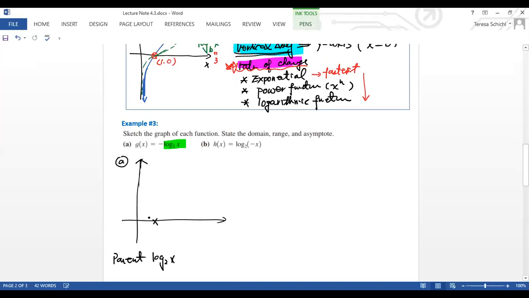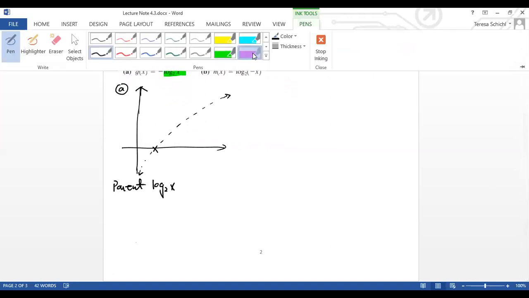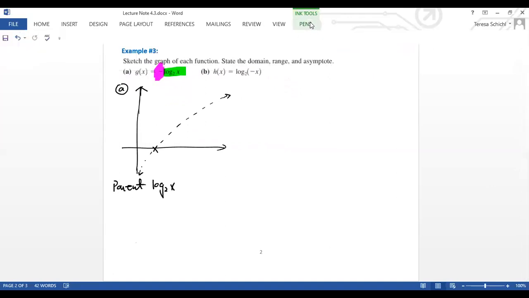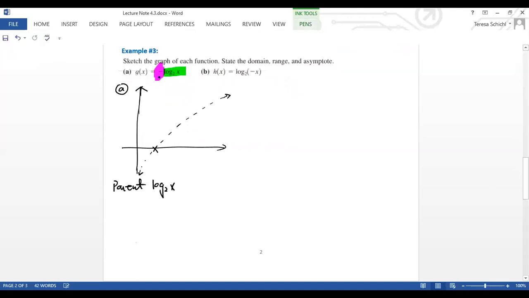Okay, so now let's try to write here. We said that this is 1, the critical point. So I know my function is going to go like this. Because I have a negative outside here, what type of transformation is this negative? This is reflecting to the x-axis, right?